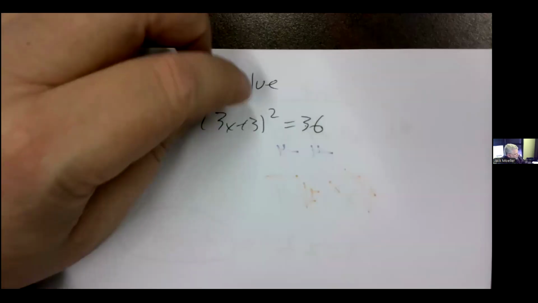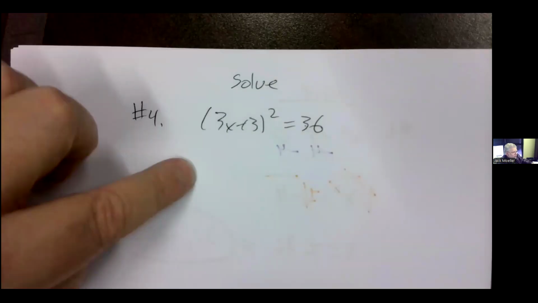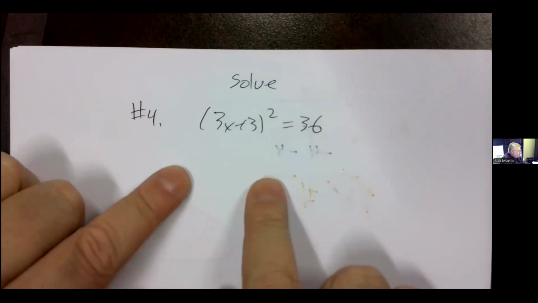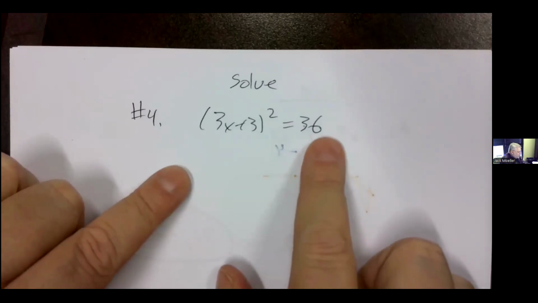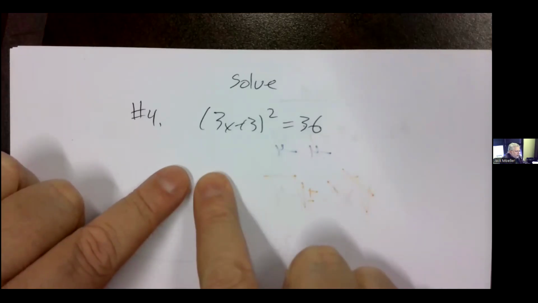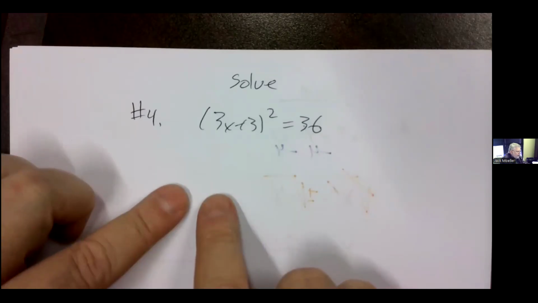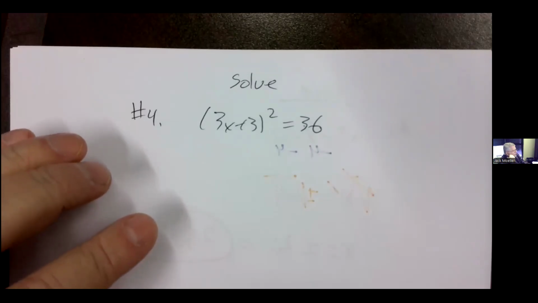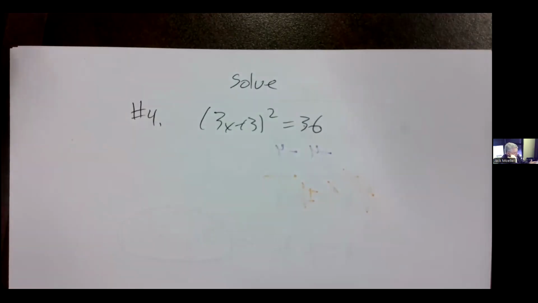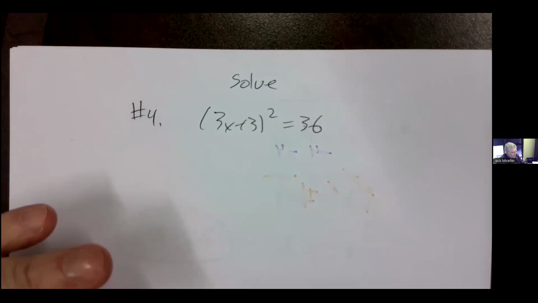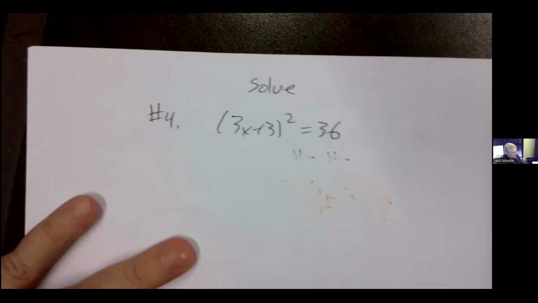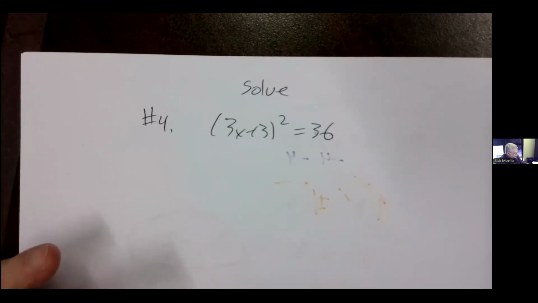However, if you do that, you're going to get a trinomial on this side that's not equal to 0, so then you're going to have to subtract the 36 over, and then you're going to have to either factor or do the quadratic formula, which you could do, but that makes it a lot of moving parts. And the more moving parts you have, the easier it is to make a little mistake here and there.